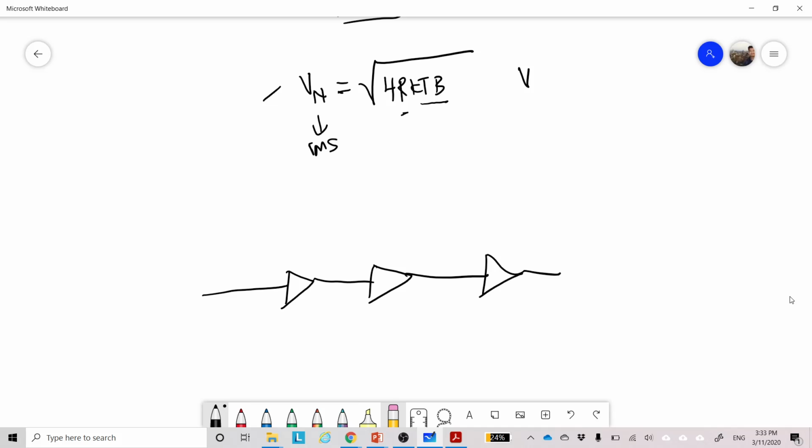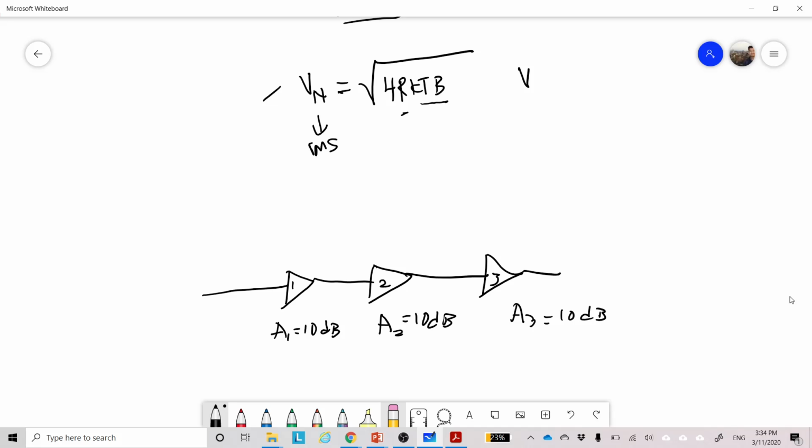Okay, so di sini adalah 1, 2 dan 3. And then diberikan A1 sama dengan 10 dB, A2 sama dengan 10 dB, A3 sama dengan 10 dB. Ini dia. Okay.